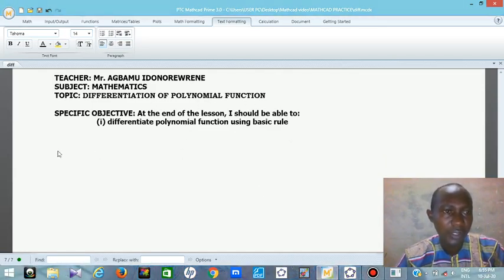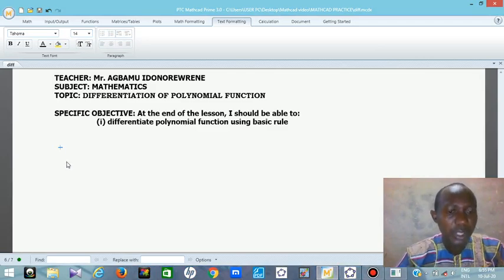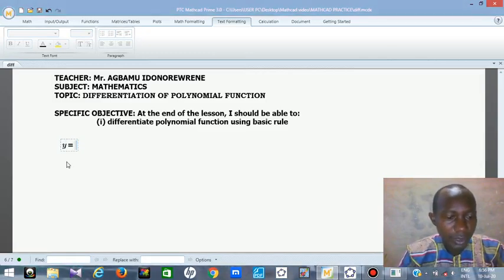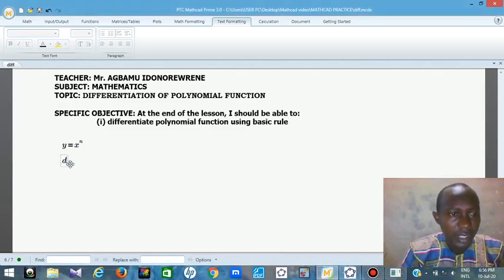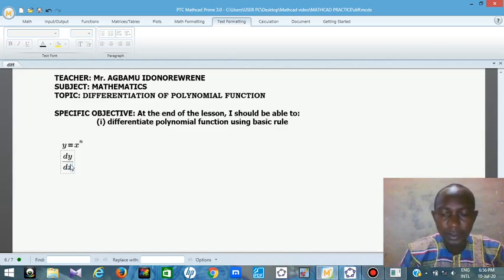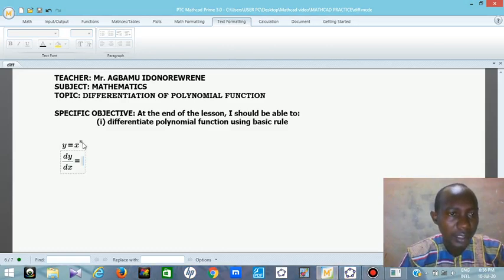That is polynomial function. If you recall, in our last video on basic rule of differentiation, I said when you have a function like this, y equals x raised to power n, the basic rule of differentiation says that your answer dy/dx will be equal to the power n multiplying the coefficient of x.